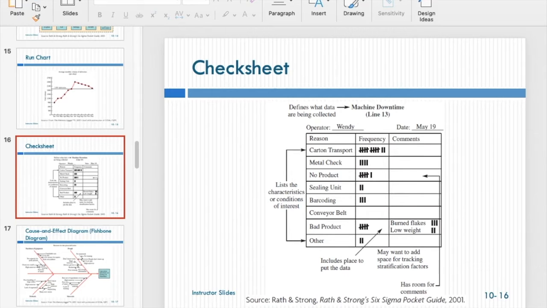Each time a unit has some problem, let's say after inspection or after a test, you figure out the reason behind it. Then you count: if it's because of the barcoding, then you count one unit here, in order to count the frequency of defective products across different reasons.